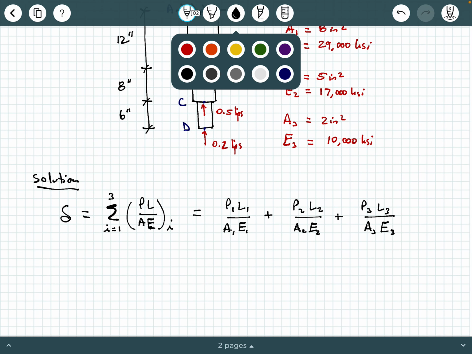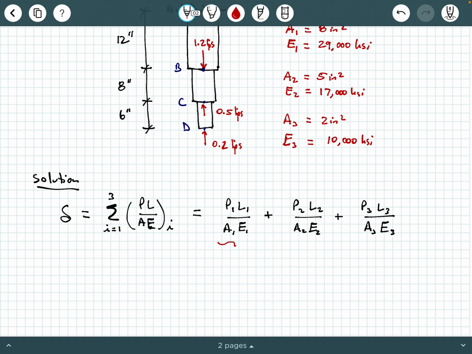So we just need to be organized and make sure we know what we're looking at. This first term is segment AB, the second term is segment BC, and the third term is going to involve segment CD, okay? And so really what we need to do is determine what all of these values are so we can build it together and calculate this deformation.